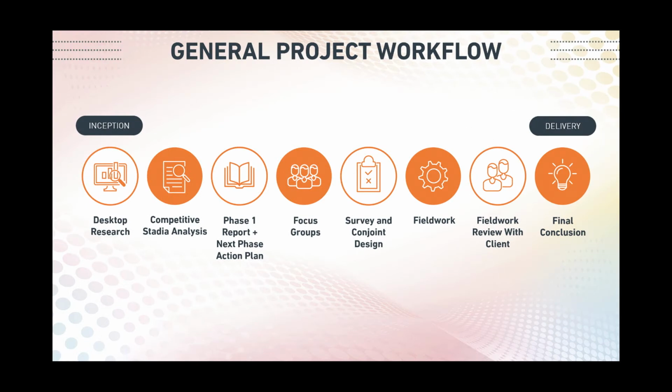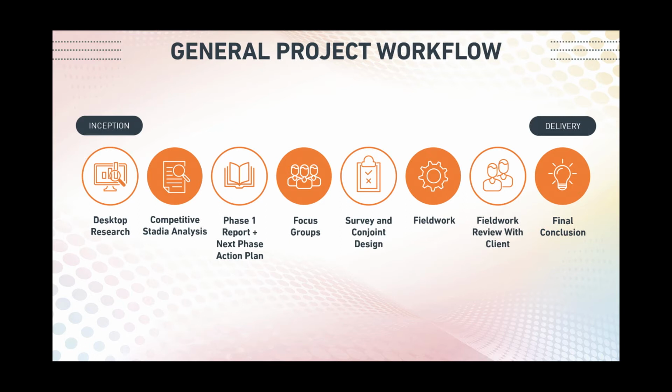So typically there's 8 parts to our process. The first 4 is what we would call a discovery phase. I'm almost preaching to the choir here. You know this stuff. The first 4 parts are what gives us that understanding to be able to create the conjoint model that is our USP.